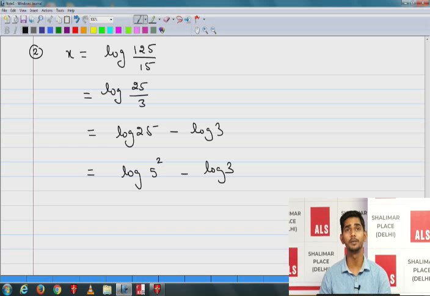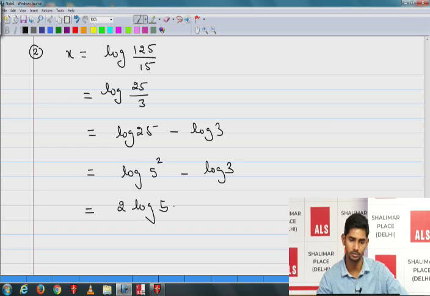Might be it is looking a little bit complex to you initially, but guys, there is no other choice. I am just telling you how you can simplify this one. Try to simplify those numbers. If you are able to simplify those numbers, you will definitely get the answer. And this is one of the properties that the power will come before the log. And finally, this is the simplest form. So 2 log 5 is nothing but 2 into 0.7 minus 0.48.